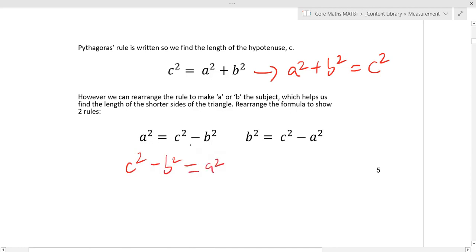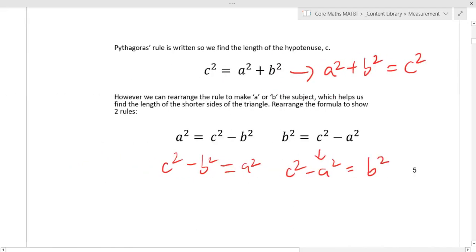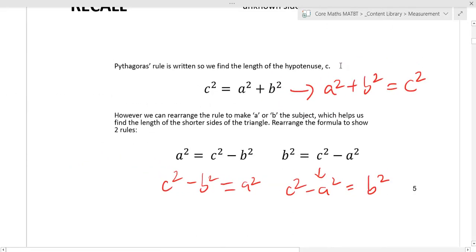It's the same thing. And if you're looking for the B side and you don't know what it is, you'll use this formula. It also looks like this: C squared take away A squared is B squared. Those are variations of it. The main thing I would like you to understand is that there are different versions of the Pythagoras theorem, depending on what you're looking for.